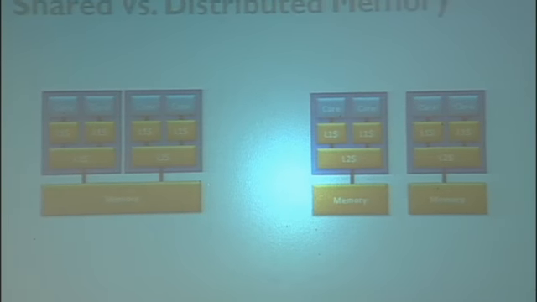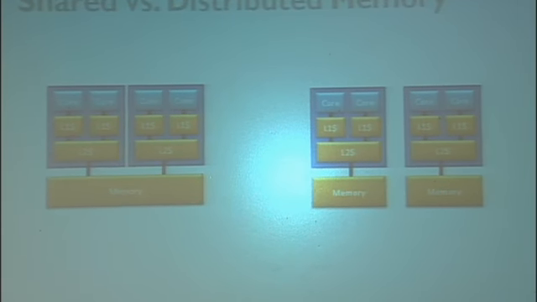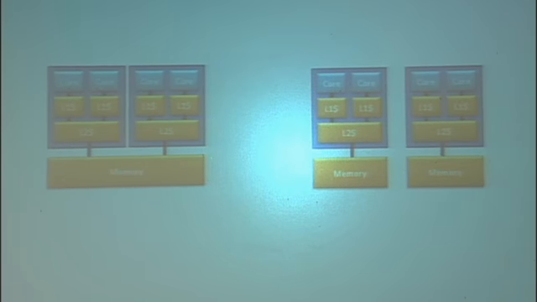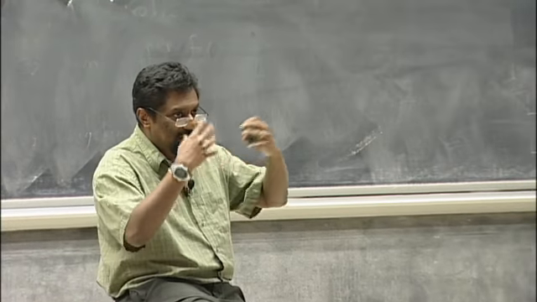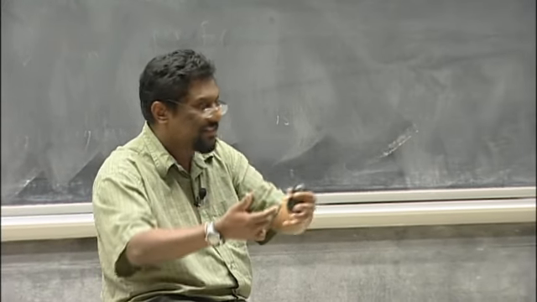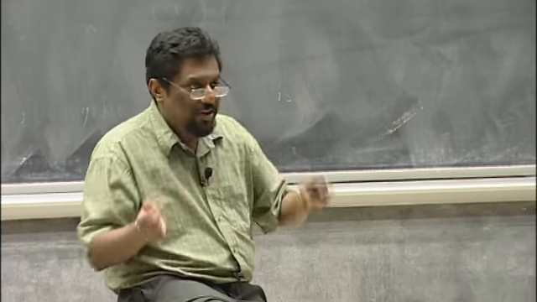A distributed memory machine has no shared memory. Each memory is different. Now how are we going to communicate? Message passing. This is not sufficient. We actually need something additional, like a network or Ethernet sitting out there that lets you communicate between each other.